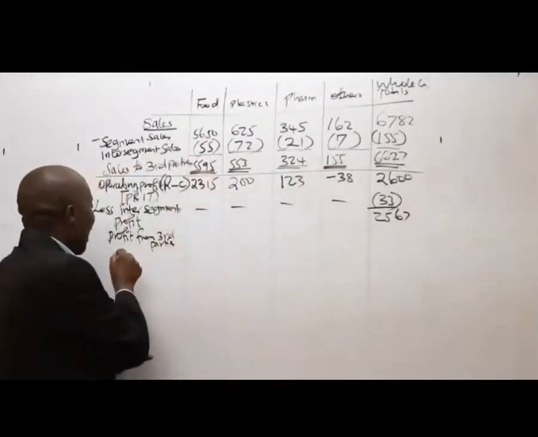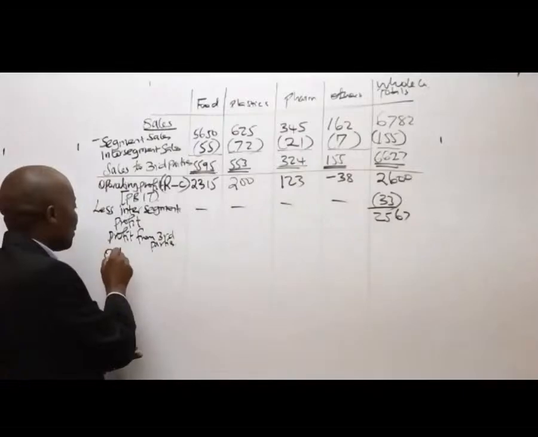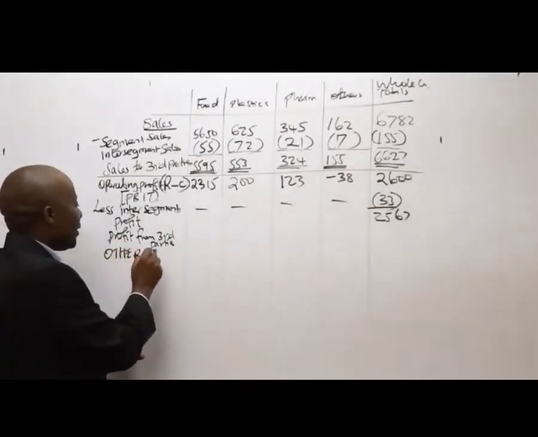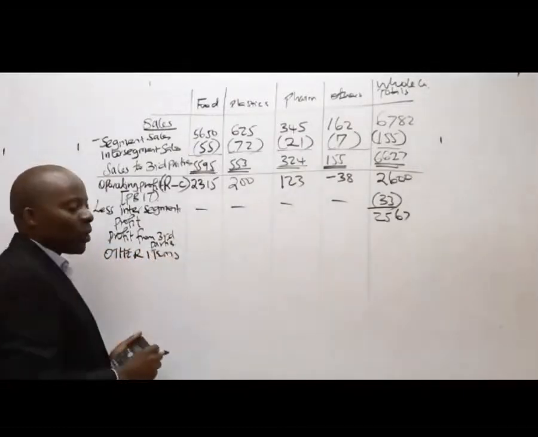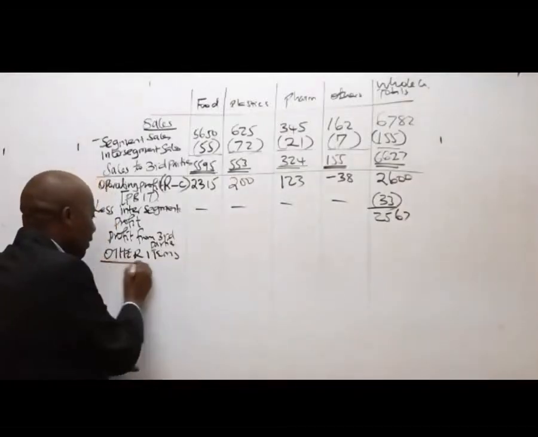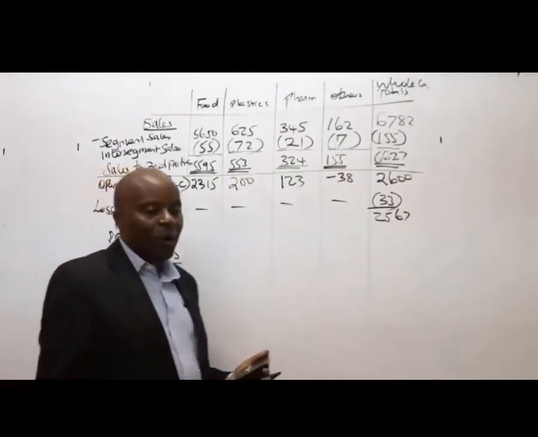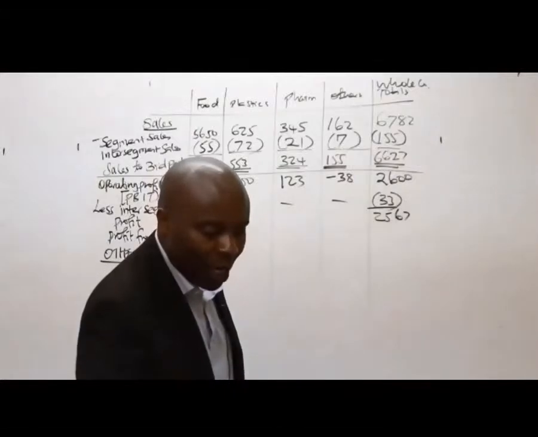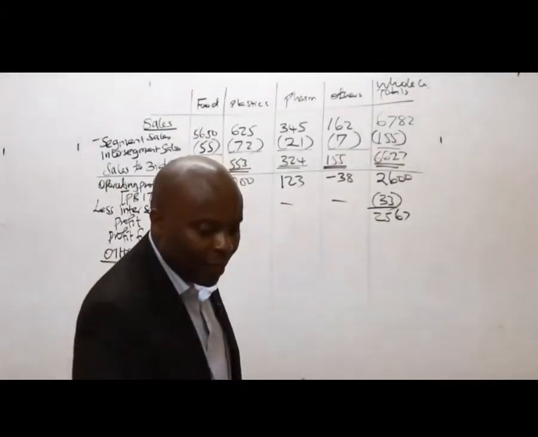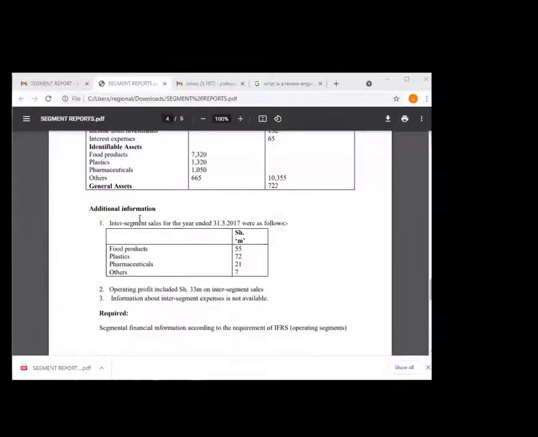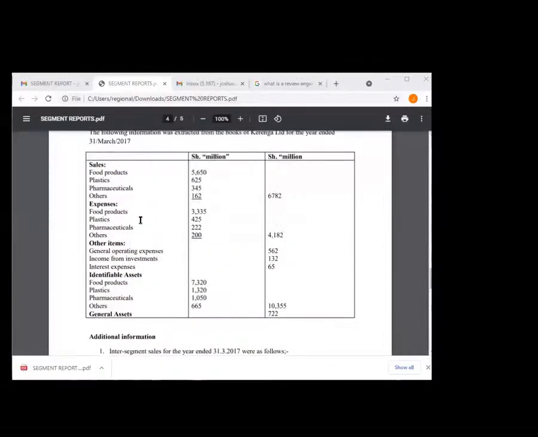You'll always get that area where they capture the other items for us. Like here, you can see a place where they are telling us other items.